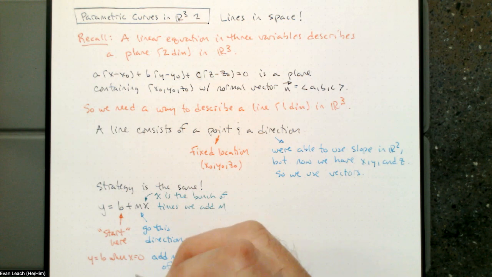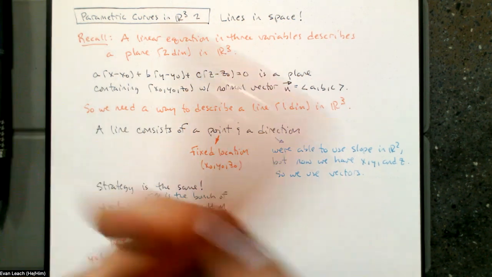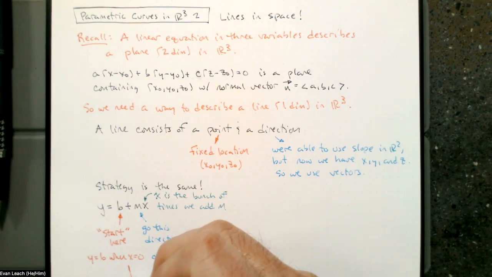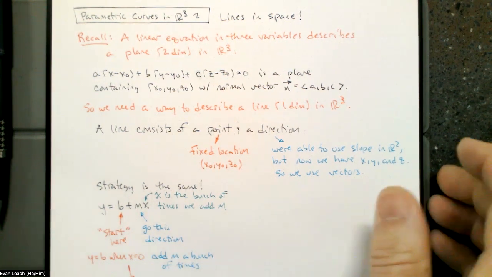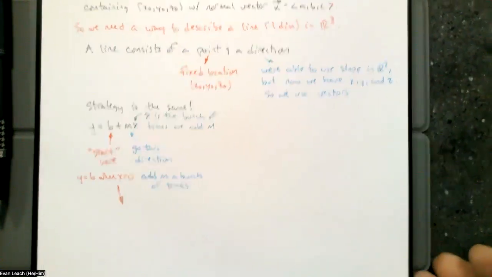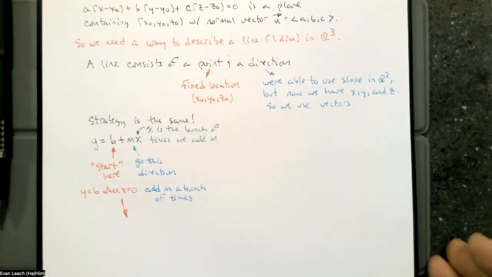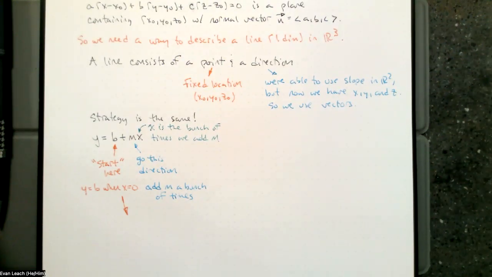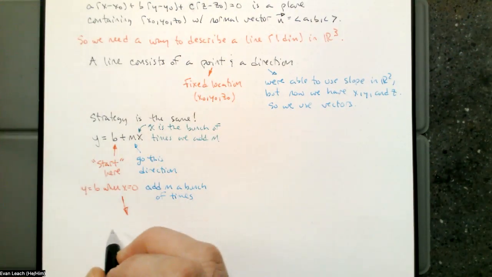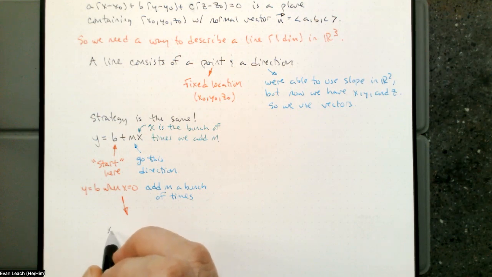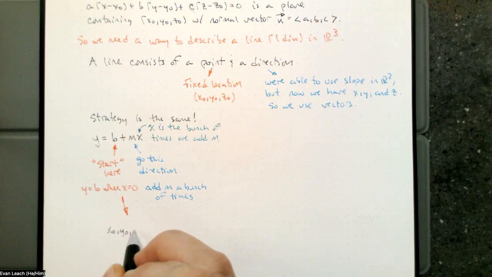So our starting location is going to be a point in R3, x naught, y naught, z naught.